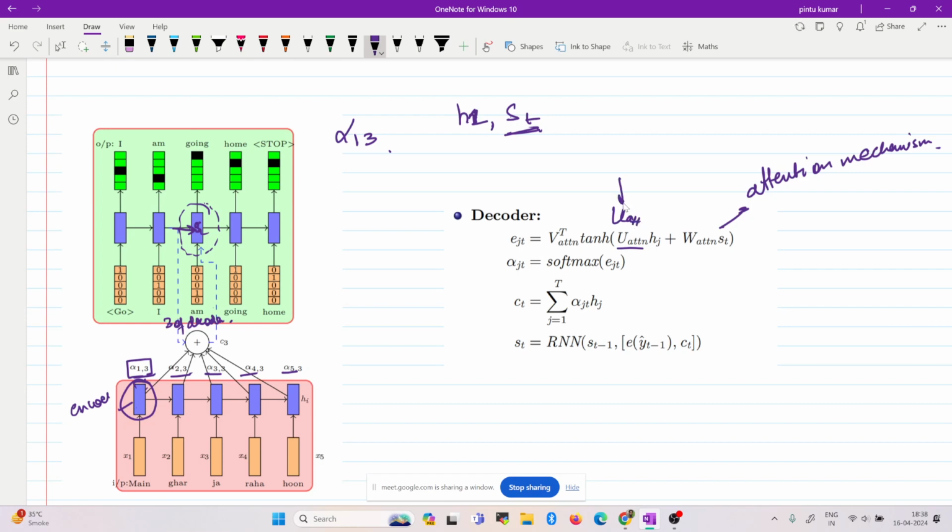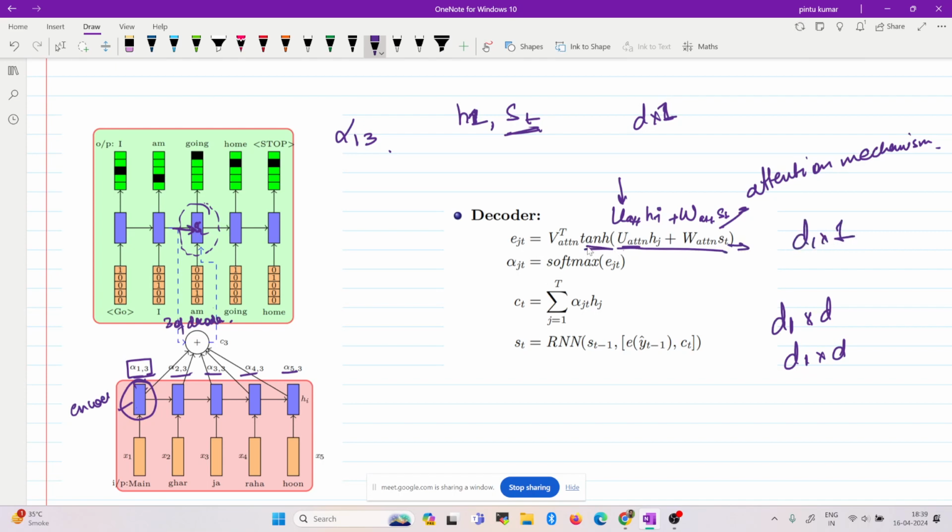times hj plus W attention times st. Now again, this hj is d cross 1. So what is the possible dimension for this U attention? This can be some d1 cross d, and this W attention can also be some d1 cross d. So this sum that you will obtain would be some d1 cross 1.